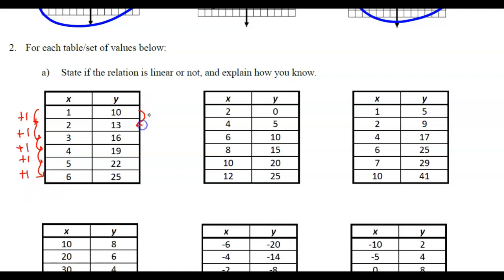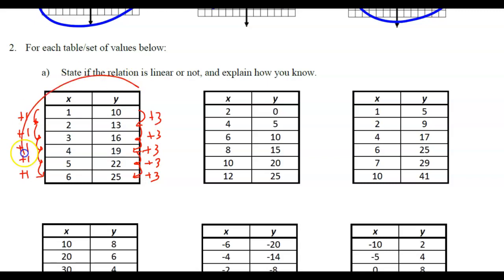So here, if I look, it's plus 3, and this is plus 3. So far, that's linear. I need to check all, and they're all the same. So for an increase of 1 in x, y increases by 3, always.